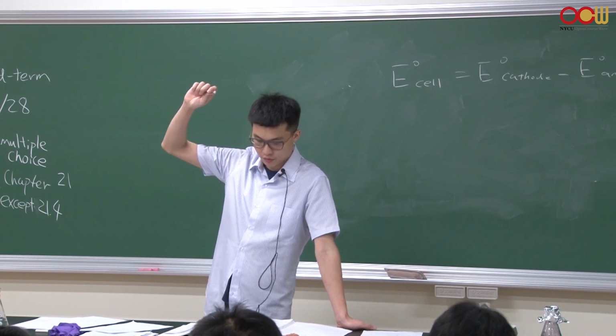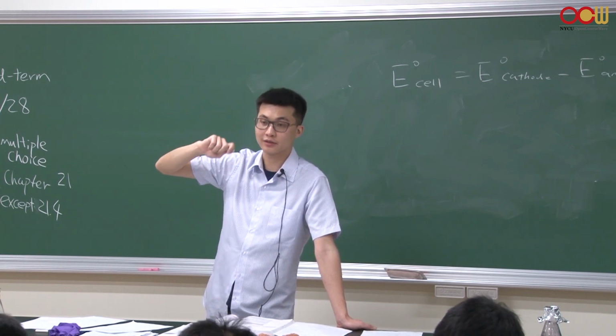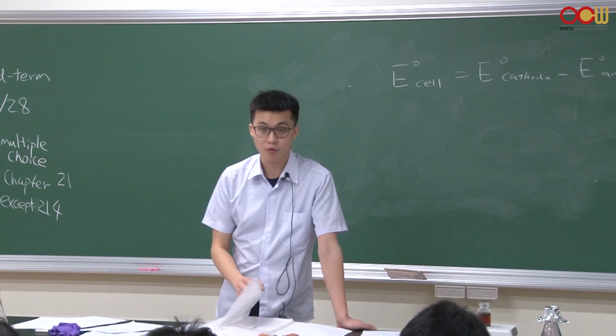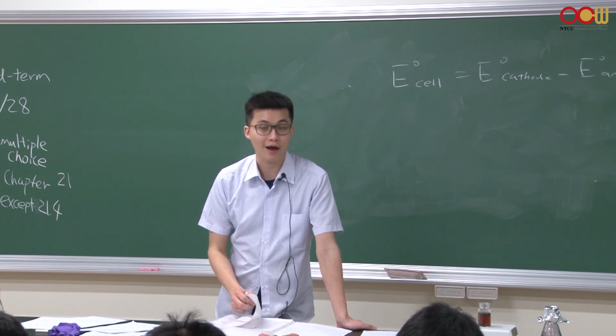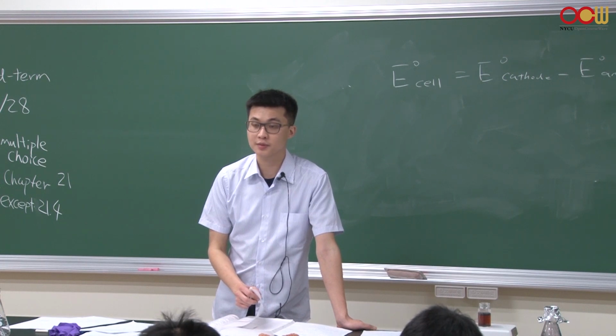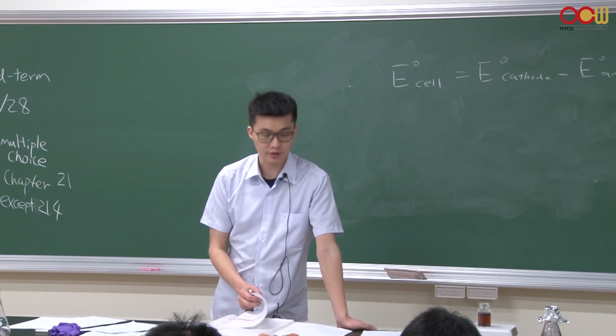So you put the most negative one on top, right? We know the one with a more negative number or a slightly smaller number is more likely to function as a reducing agent, right? So you have to be clear in terms of which species is being oxidized, which species is being reduced. Then you can rank the relative strength of each.